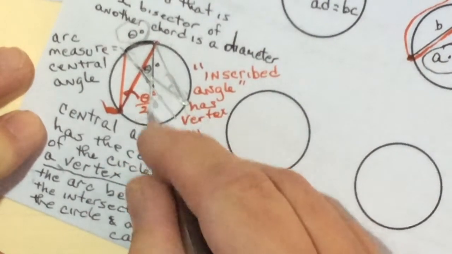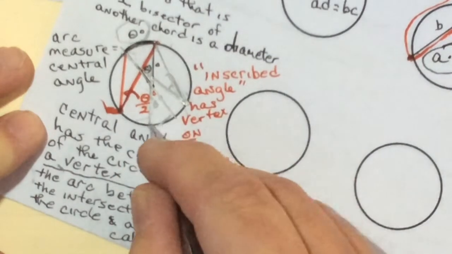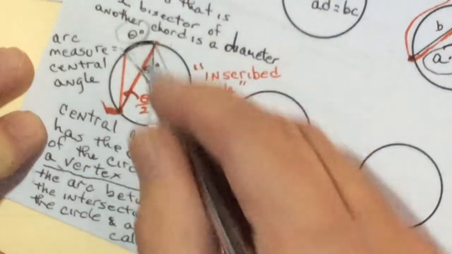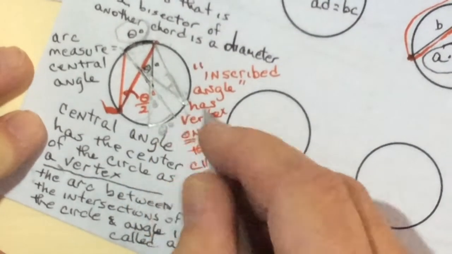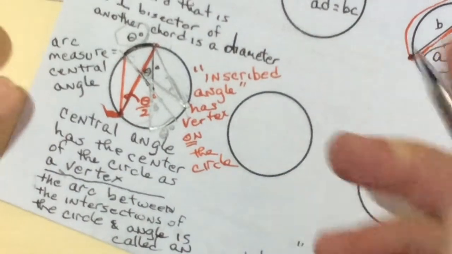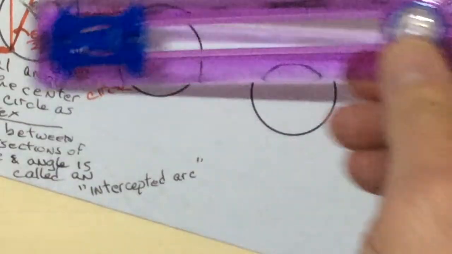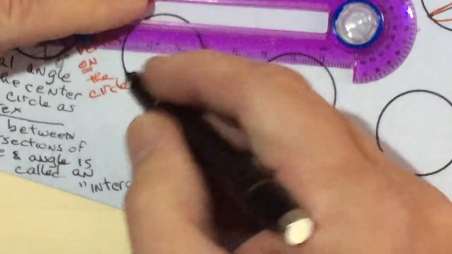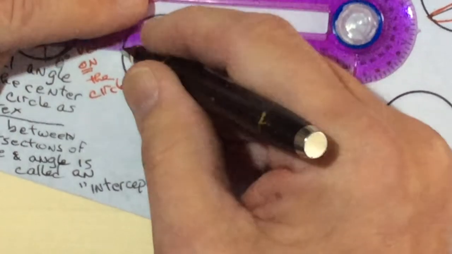And then this would still be a central angle, so this arc would be equal to this arc. And it would be equal to this angle. Okay. So let's look at what happens if I draw two chords that don't intersect in the center, but they do intersect inside the circle.